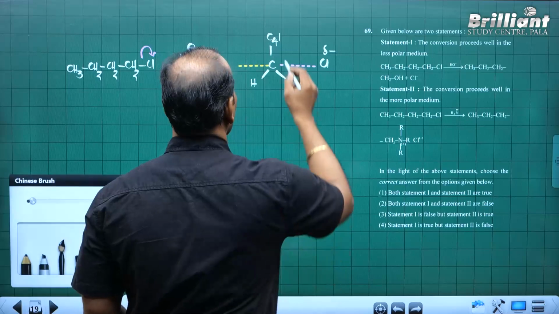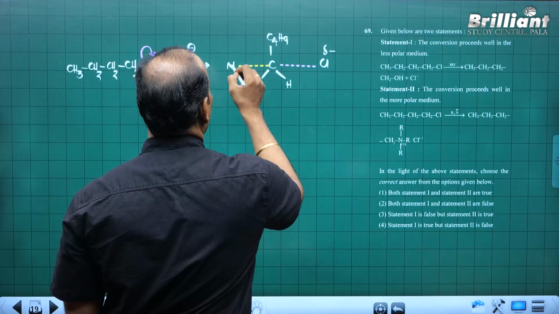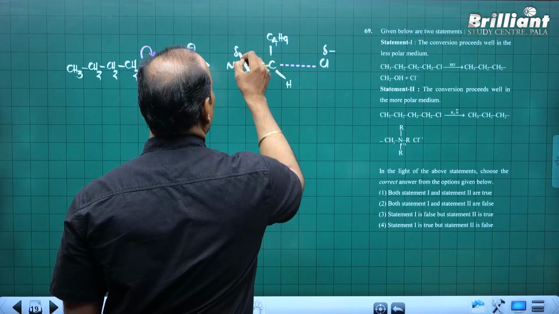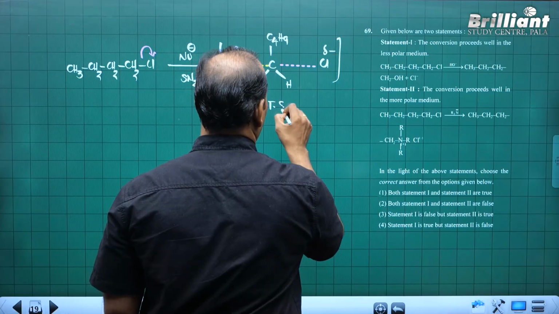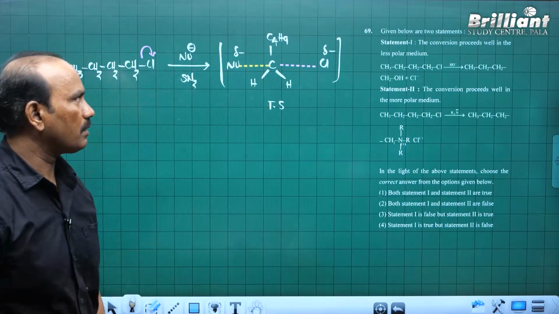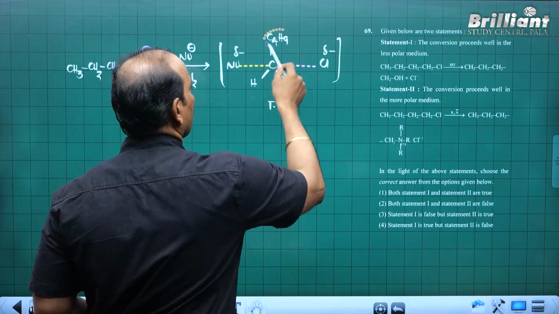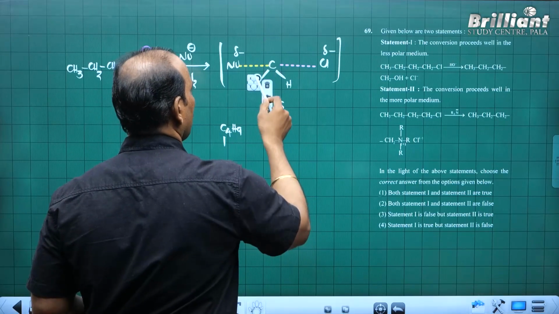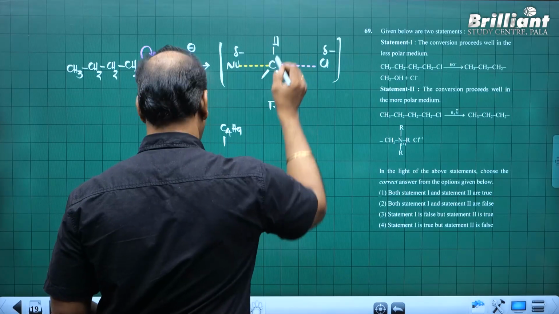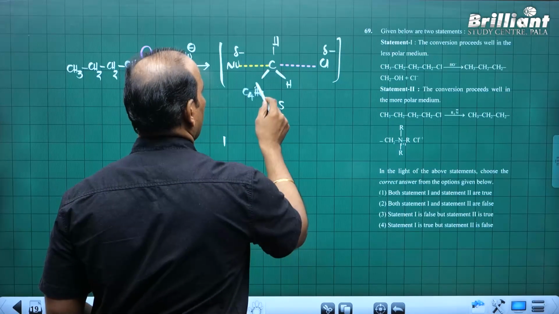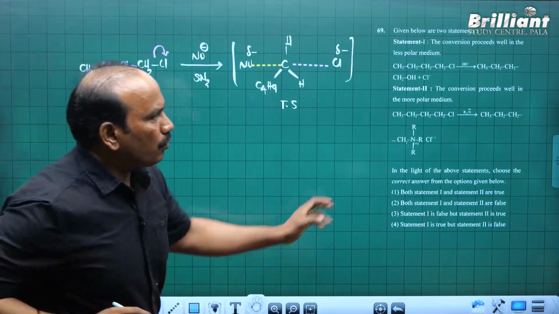C4H9, this is the nucleophile with partially negative charge, this is the transition state. This is the process. Clear? Here this is a hydrogen. Now here go to the first one.